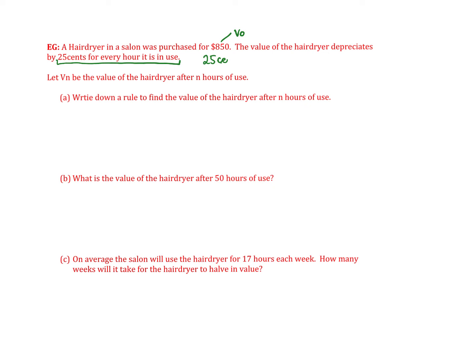So guys, you give it a go. See if you can do that A. Write down a rule to find the value of the hairdryer. That's the nth term rule after N hours of use. Because they said N, it was a use per hour. So if they say 5 hours, N is 5. Okay. Give it a go. See if you can write it down and see if it's right when we do it.